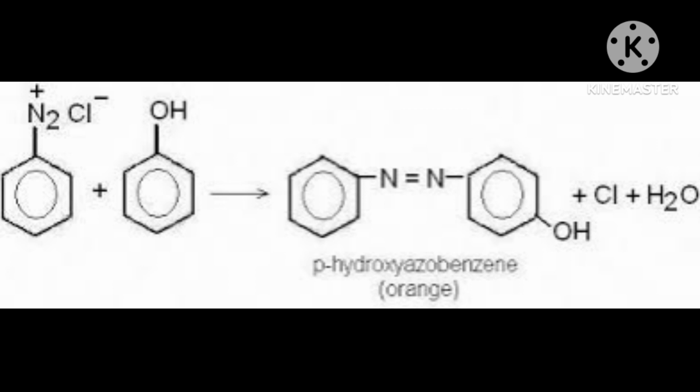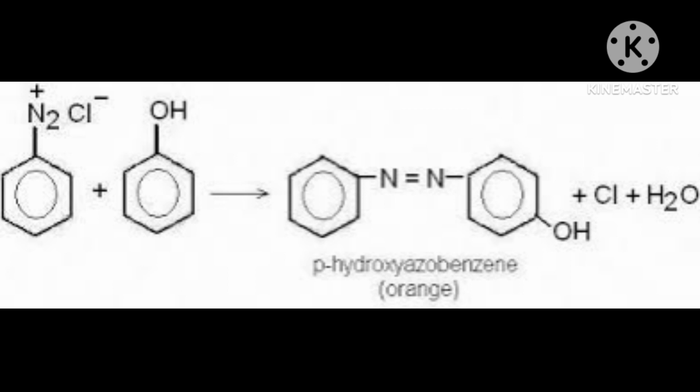You will get a long compound because phenol is joined with N. H has gone, carbon becomes negative, and on that side Cl went as Cl minus, N is positive. Then N positive and carbon negative both joined, and you will get a long compound that is simply joined. All things are as it is.